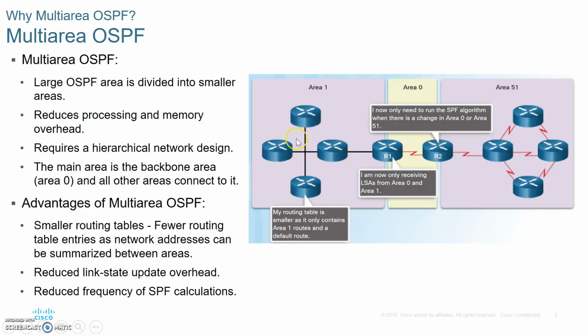And a failure in one router normally will only affect the shortest path calculation of the routers in that area. It will normally not affect the routers in other areas. So this helps to reduce the frequency of your shortest path calculations.